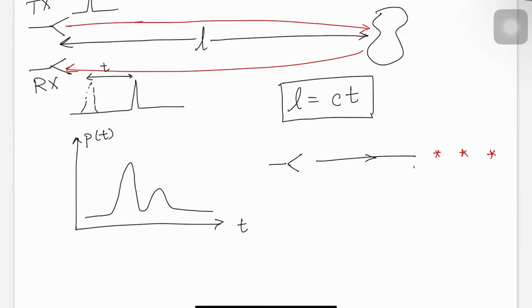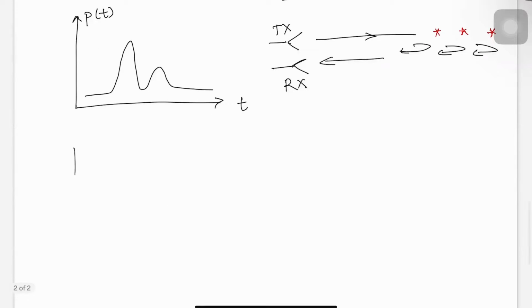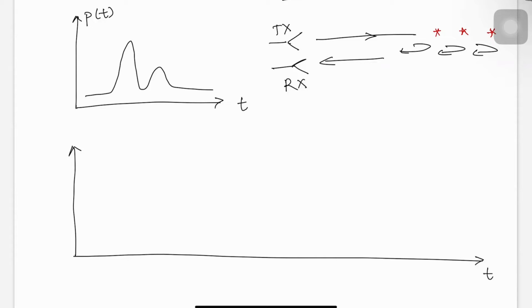A simple model would be that each target reflects the signal back, and the signal comes back. We have a receiver antenna here. So what do you expect to see? You would expect to see something like this. I'll make this the time axis, and let's call this R of t. Then you would expect to see three copies of this transmitted pulse.